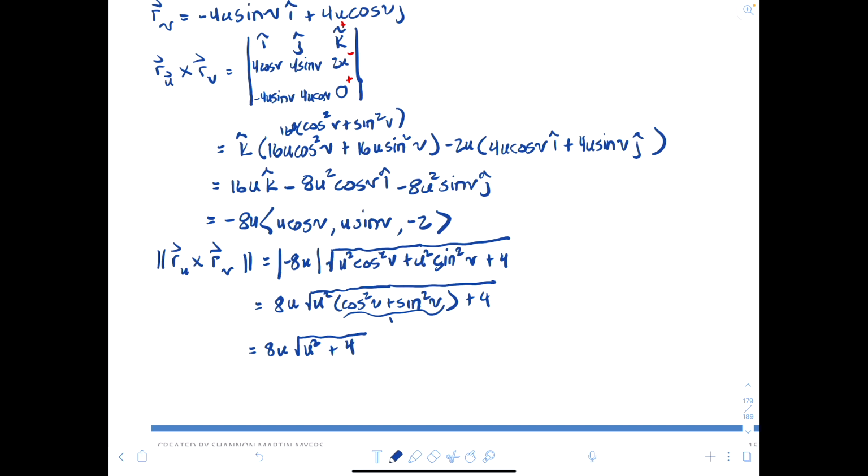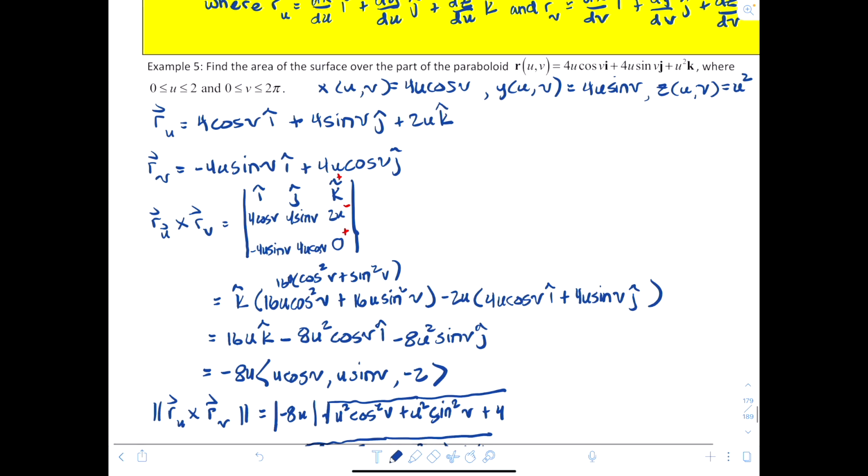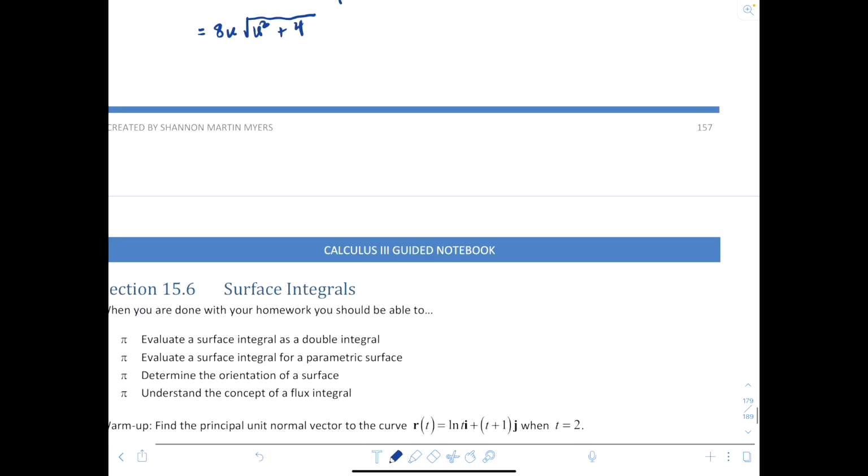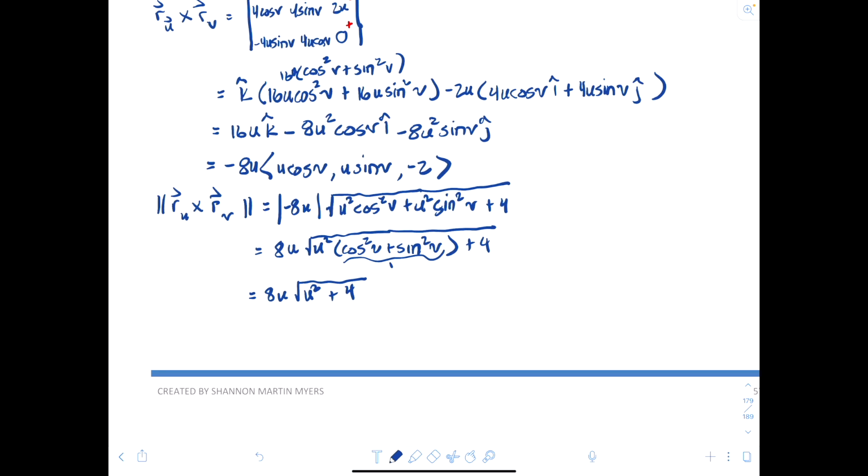Cool so far? So I think we have almost all the pieces, right? So here we go. The surface area will be equal to our double integral, and remember we have our 8u times u squared plus 4 to the 1/2, and it's du dv.